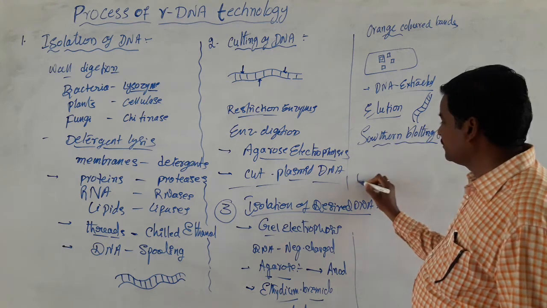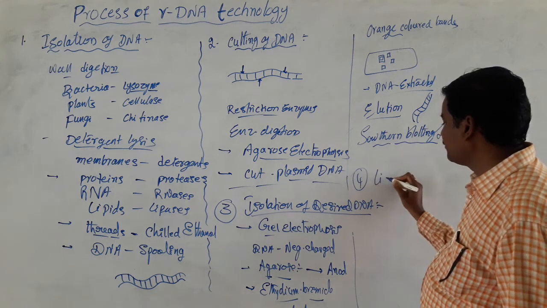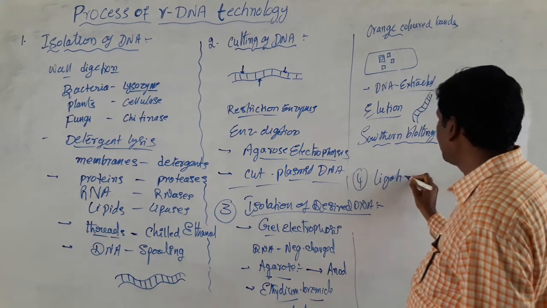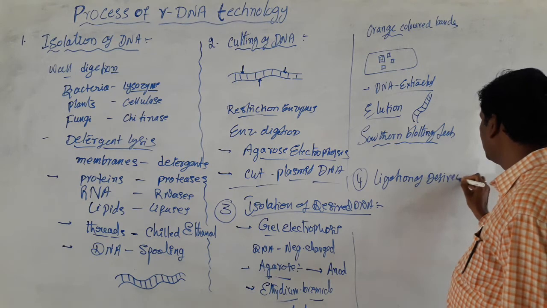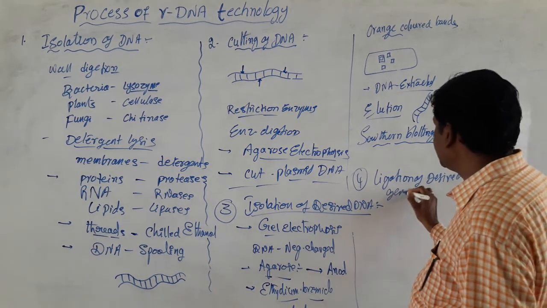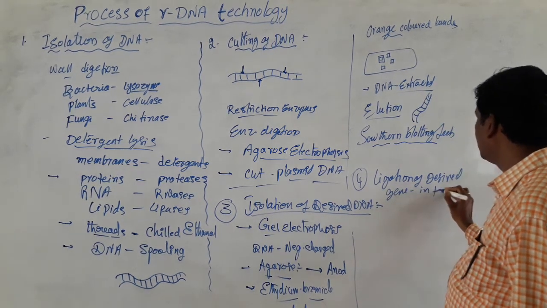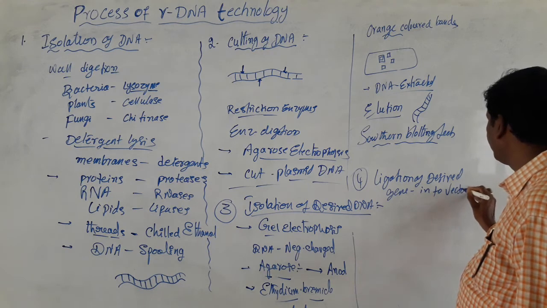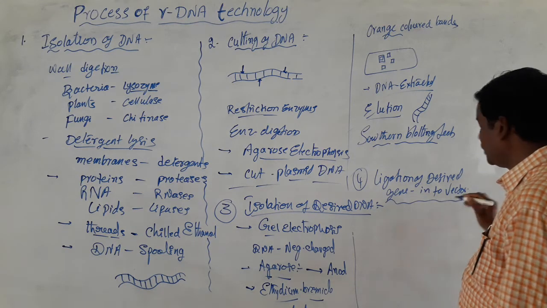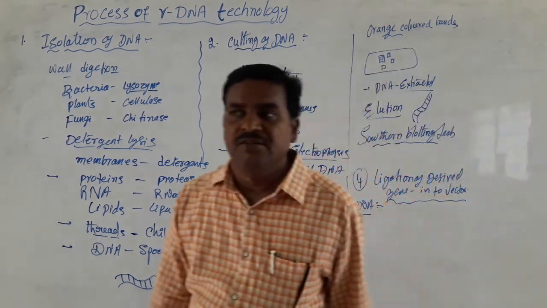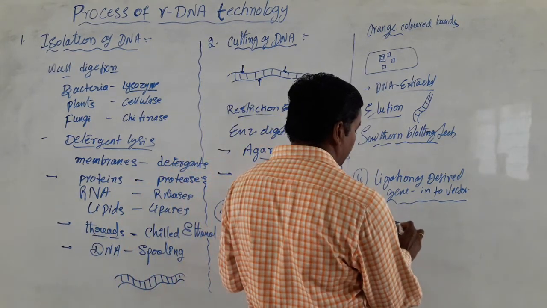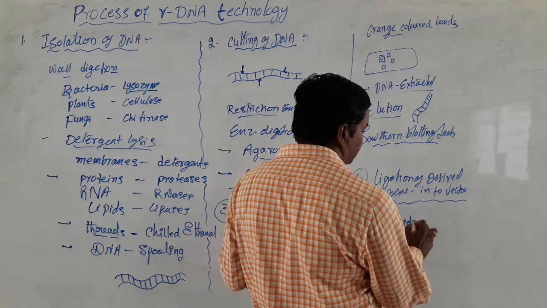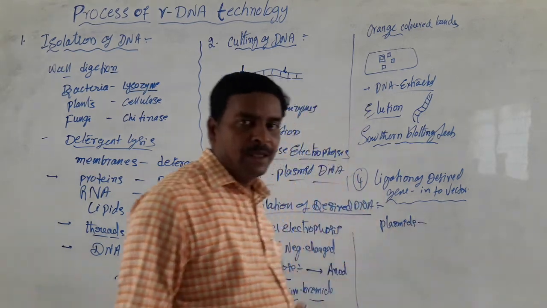Now coming to the fourth step, ligation of the desired gene into the vector. Normally, the well known and widely used vectors are plasmids. They are present in the cytoplasm of bacterial cells.